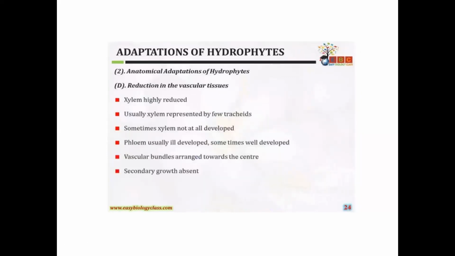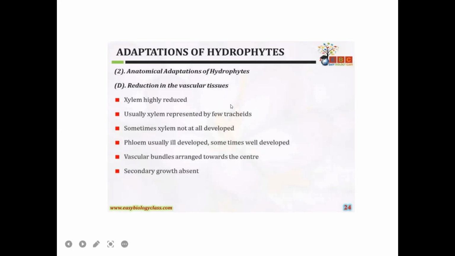Next, xylem is highly reduced. Vascular tissues mean xylem and phloem. Generally xylem elements like tracheids, vessels, xylem parenchyma and xylem fibers are present, but here it is usually represented only by a few tracheids.